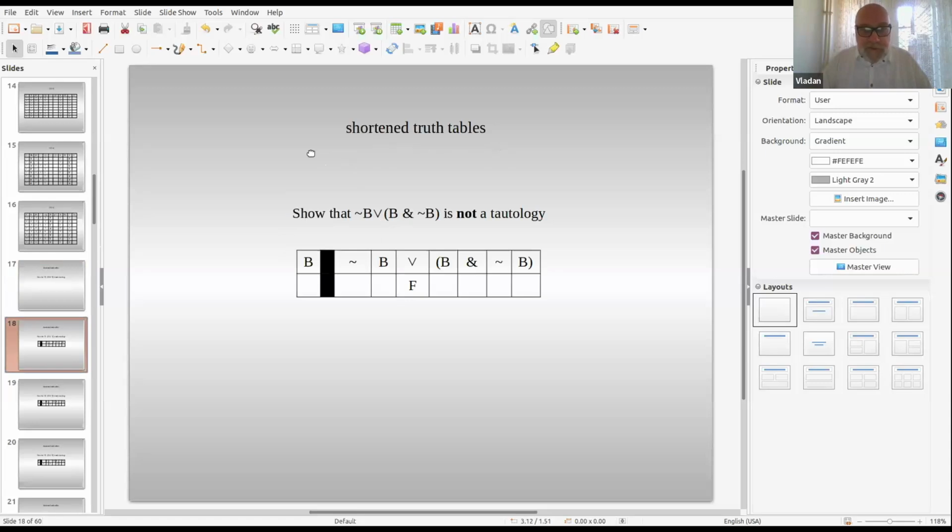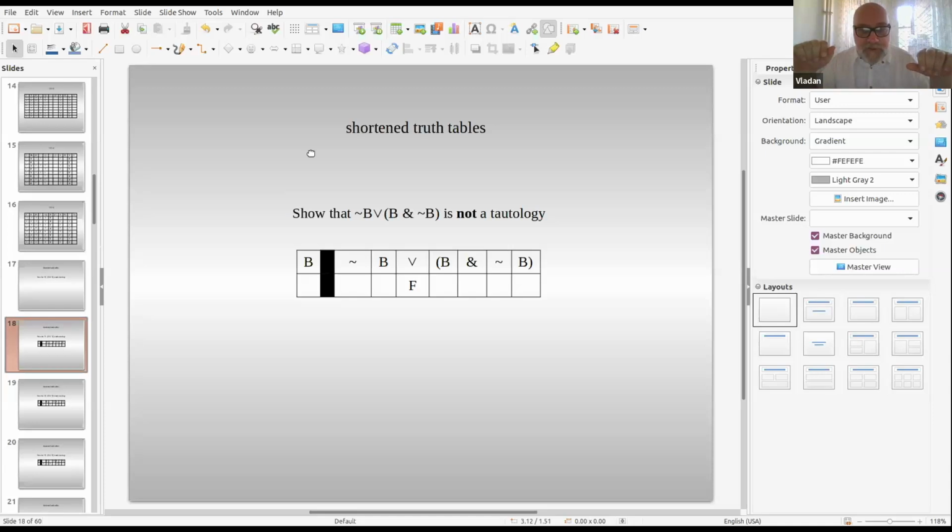So I will suppose that under the main connective, which is the disjunction, I could put an F. If I can fill in the rest of this line in a consistent way, then the formula is not a tautology.